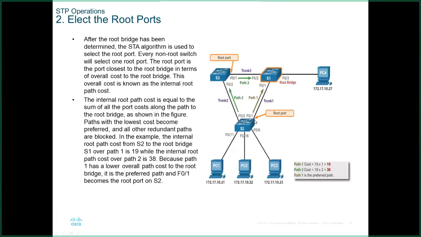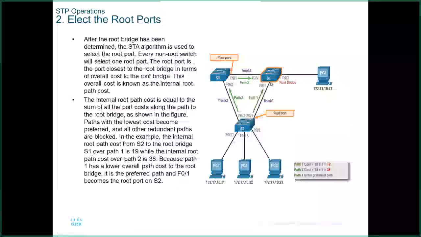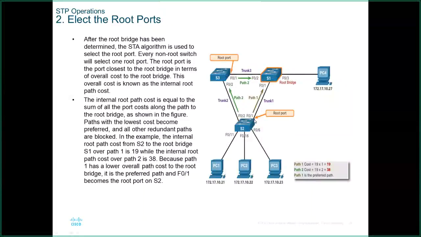Coming down this way, same thing. PDU comes down into this switch port, cost back up to here is 19. I then forward that PDU up to switch 3, because remember, it's still in the process of learning.